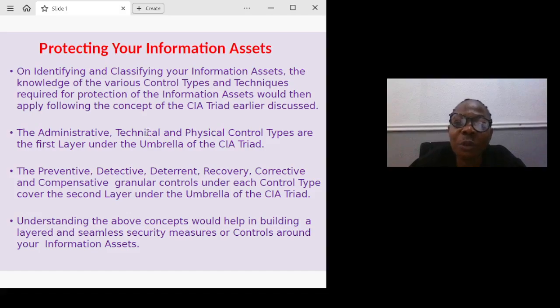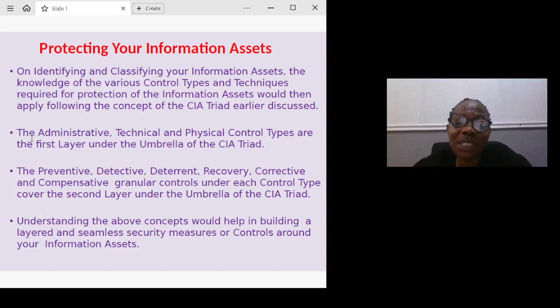So a CISO must relate with the physical control team, and with the corporate image team, the administrative team, right from the top management. You must collaborate together to achieve a holistic security around your information assets. It is very, very important.